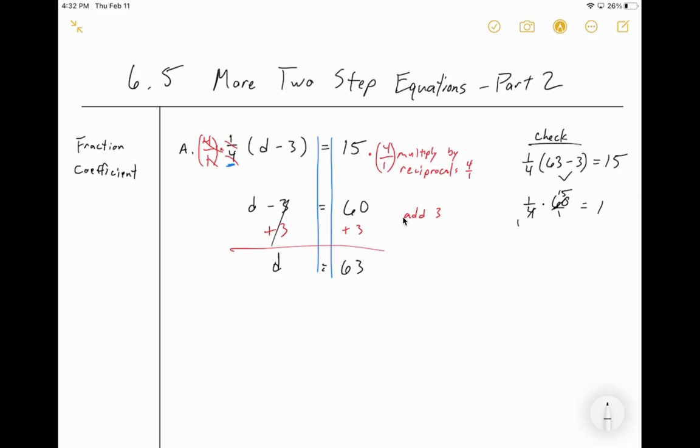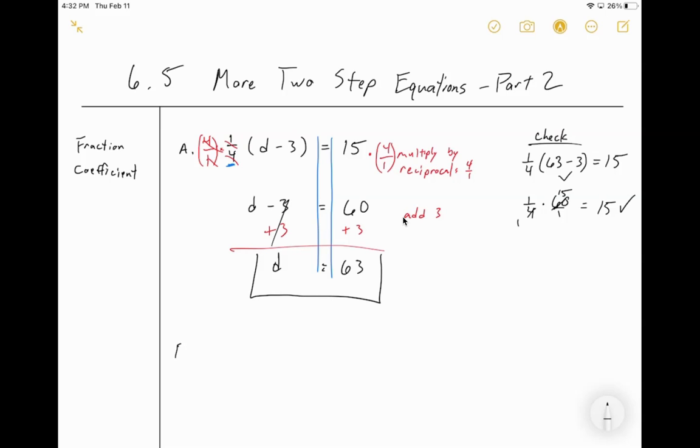So I get 15 is equal to 15, checks out, and I'm good to go. So it's very much what we did on more two-step equations, part 1. It's just now we have that fraction coefficient, which was what we dealt with in 6.3. So just adding one more layer of difficulty.